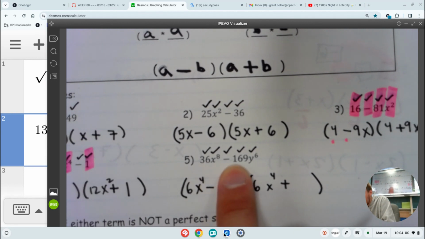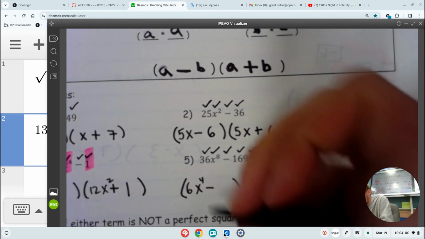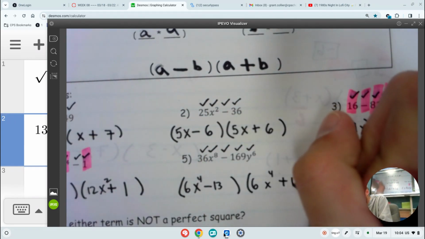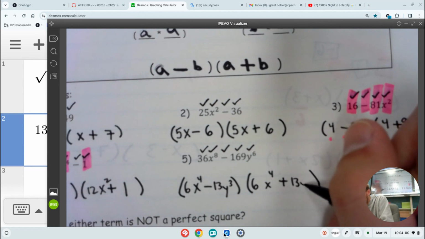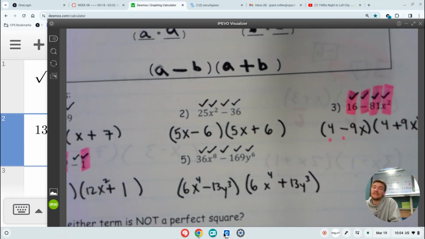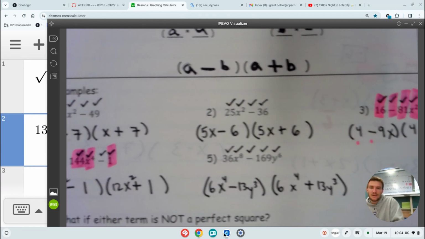And what about 169 on the other side of the minus? That's 13 and 13. And what about y to the 6? It is y to the 3 and y to the 3, or we would say y cubed. But all you have to do is make your pattern, work it out, and then move it through like that.